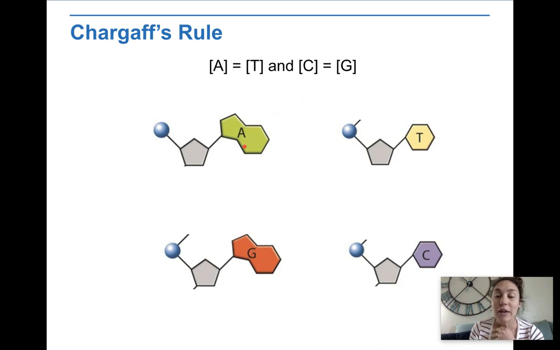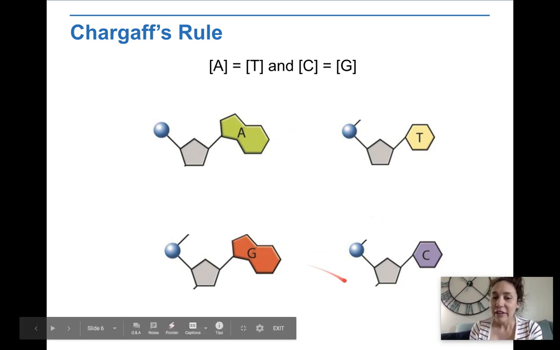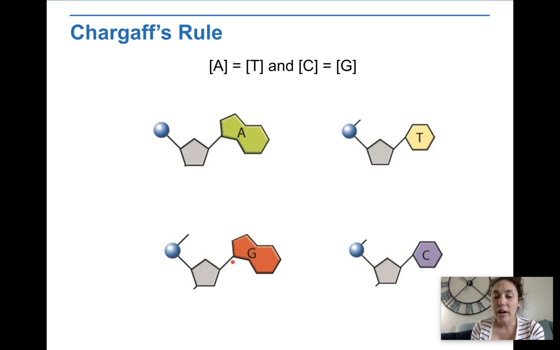They're always going to be equal, and we know that because we understand that adenine and thymine base pair together, they match. He also noticed that the other nitrogenous bases, cytosine and guanine, also occurred in equal amounts. So we call this Chargaff's rule, and that correlates with our understanding of how these guys base pair together.